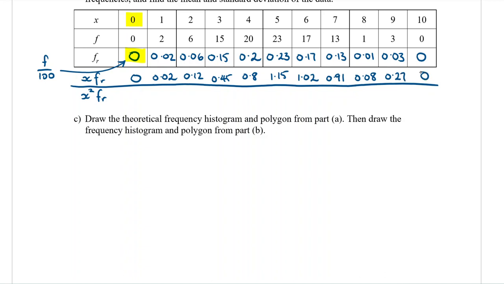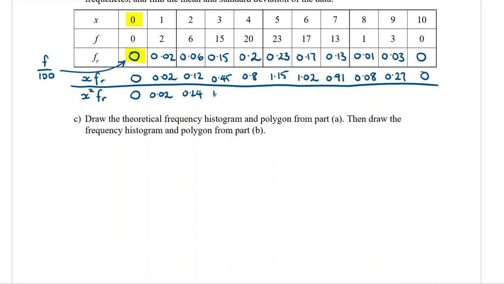We've multiplied those together. Then we need the x squared, which just means you've got to multiply that number by x again. Okay, so you've still got 0 times another 0 is still 0. 0.02 times 1 is still 0.02. 0.12 times 2 is 0.24.